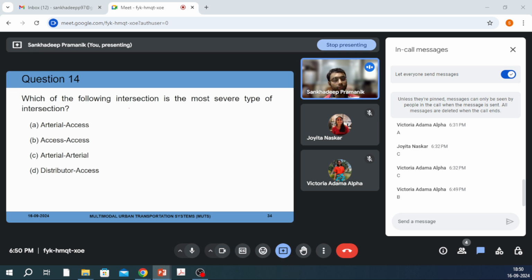Next is, which of the following intersection is the most severe type of intersection? Arterial axis, axis, arterial, or distributor axis?